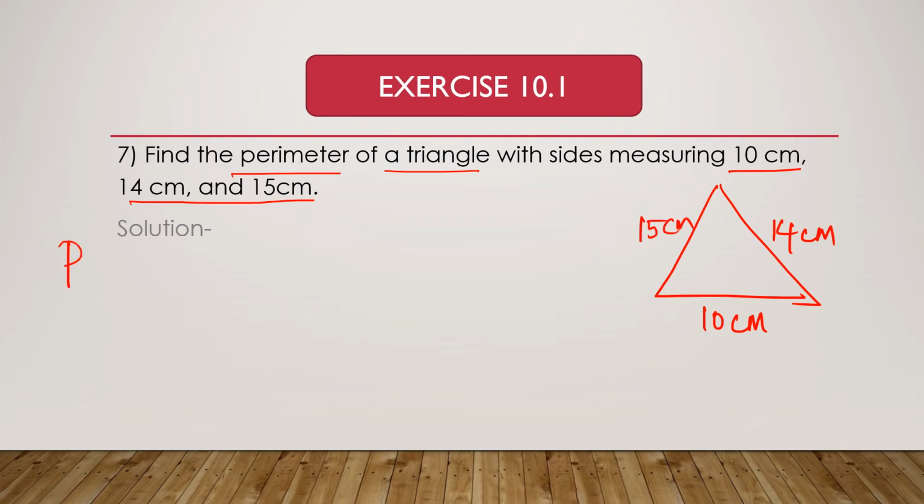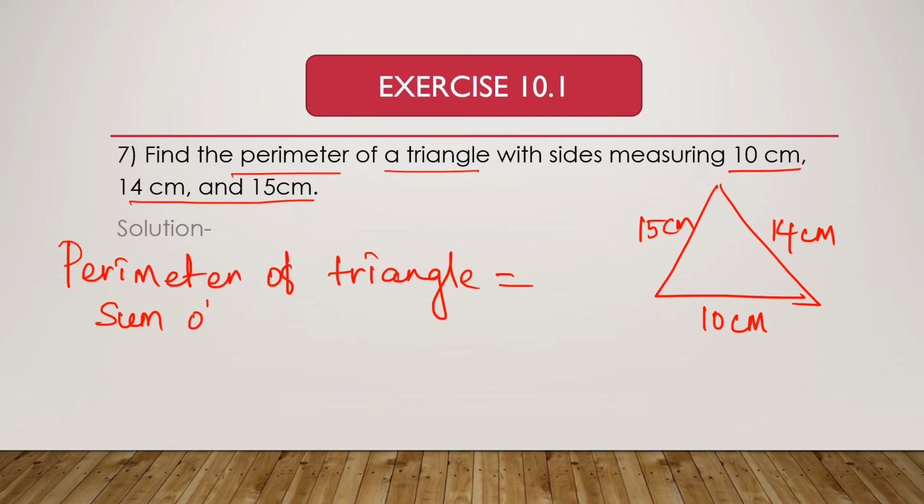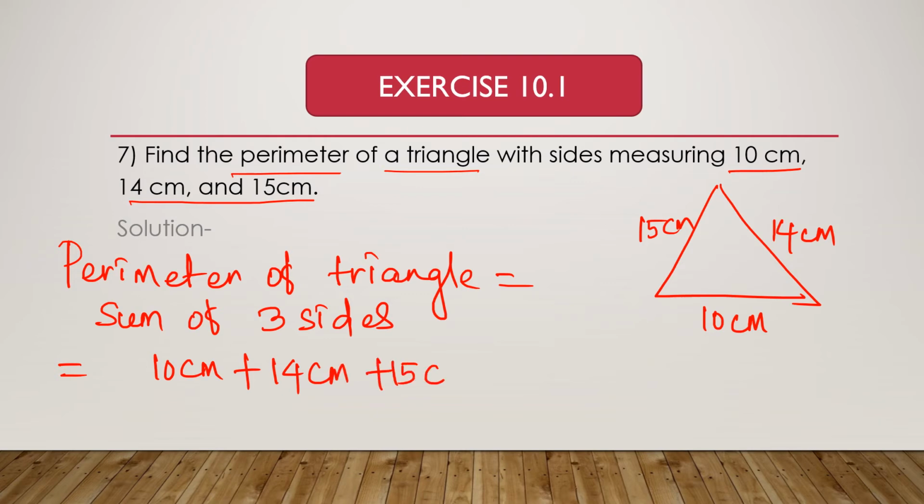So perimeter of the triangle is sum of three sides, that is 10 centimeter plus 14 centimeter plus 15 centimeter.